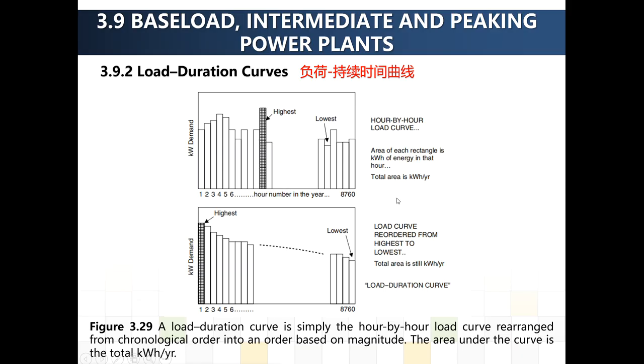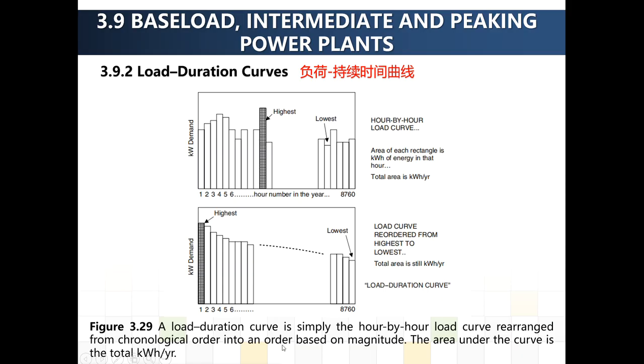For a whole year, the load also has 8,760 hours. If we rearrange this load curve from the highest load down to the lowest load, this line is called the load duration curve.